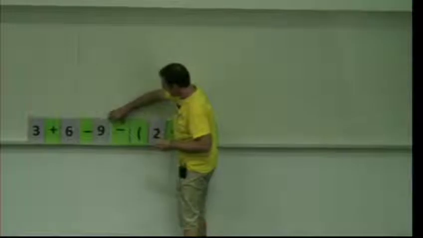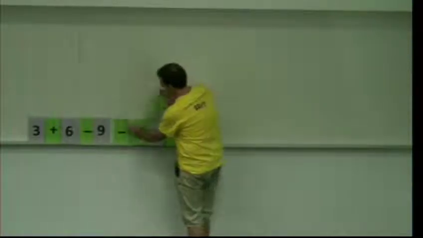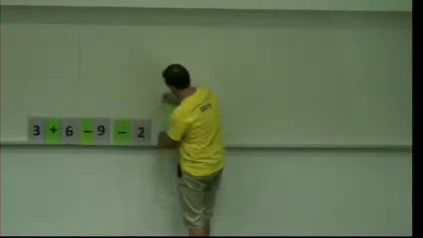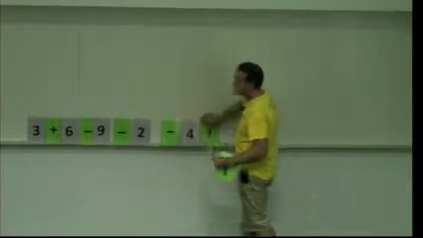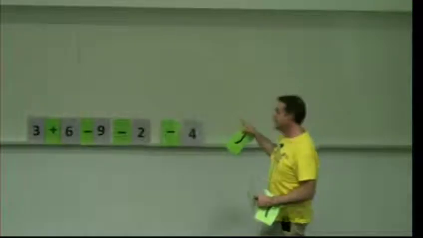So the minus will clone itself and attach itself to both numbers. And that's the same answer. So minus 2 minus 4 came out to the same answer as minus 2 plus 4.